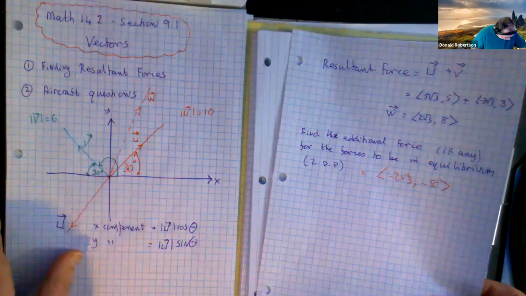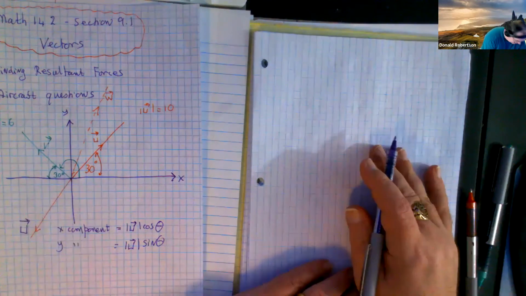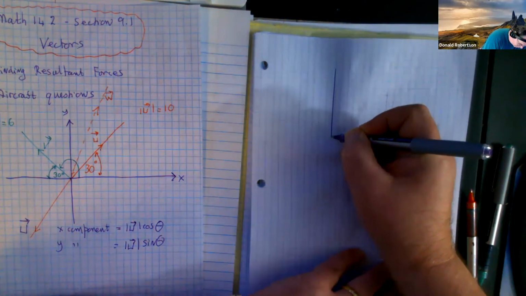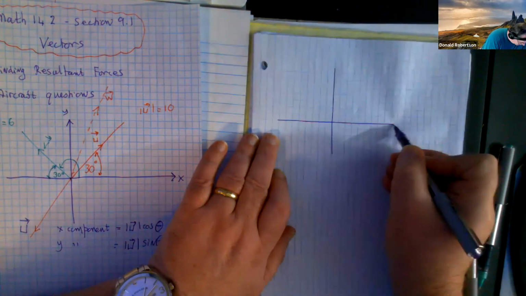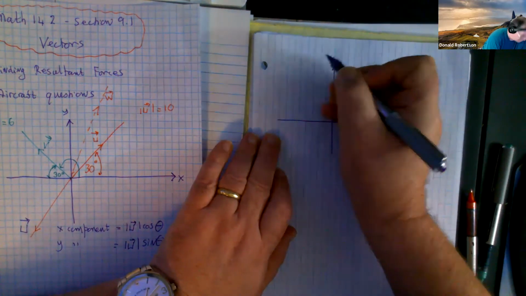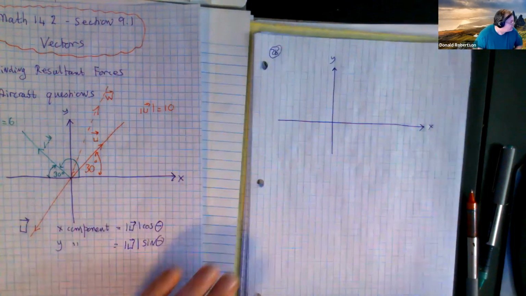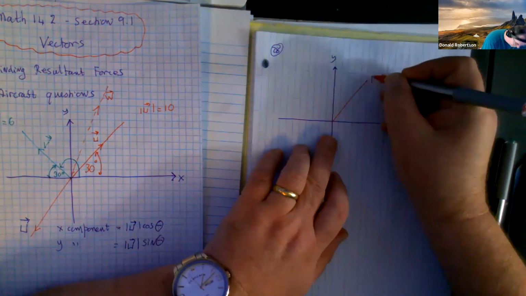So I wanted to do 2 of these resultant forces. That's the first one, and here's my second one. It's really the same idea, only the difference is there are going to be 3 of them. This is a version of question 28. So I'm going to have a force pulling in this direction called vector F1.